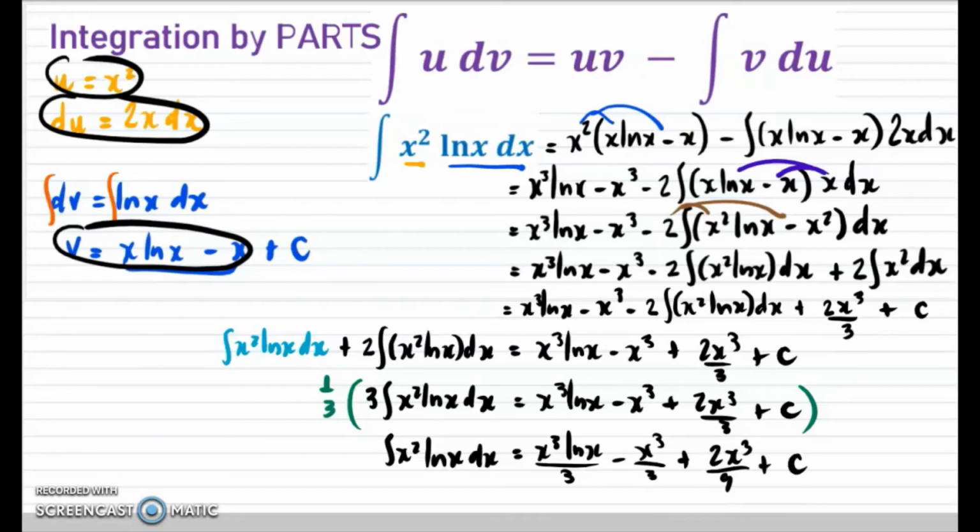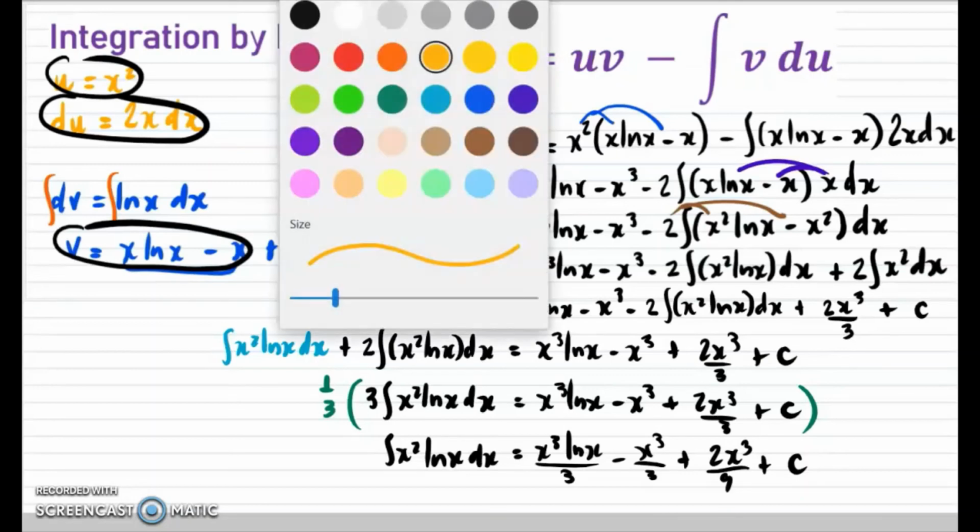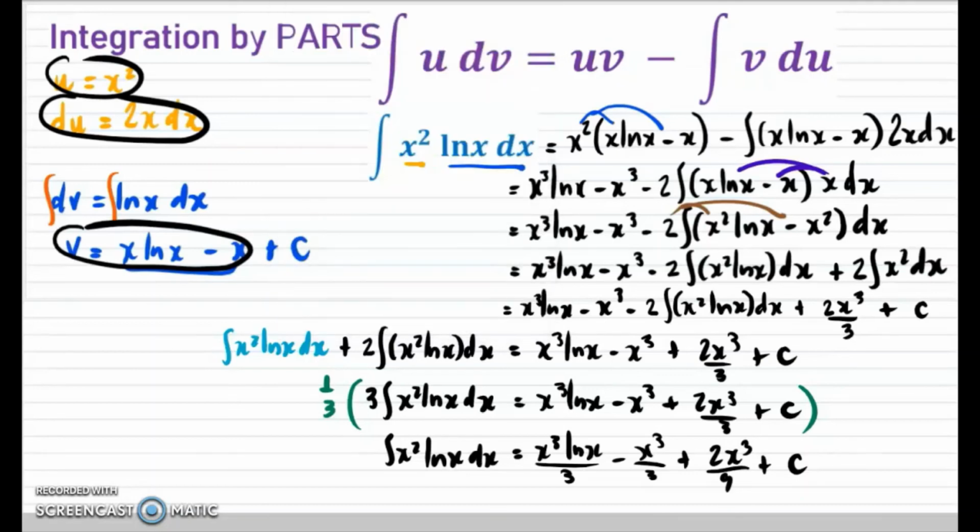And that's it. But we can actually combine these two terms here since they are like terms, right? So we have our final answer as, maybe let's write it here on this leftmost side. So we have equals x cubed ln x over 3 minus x cubed ln x over 3.